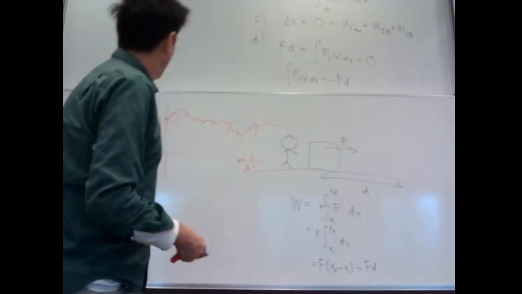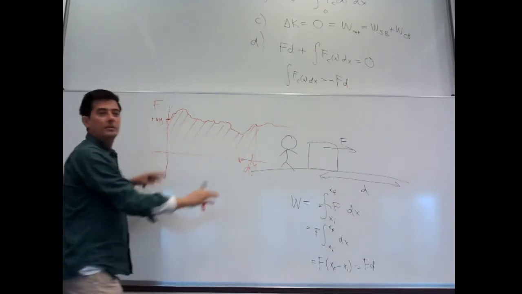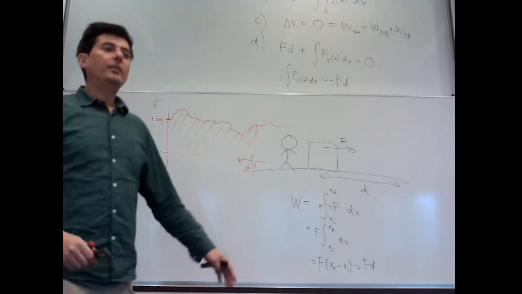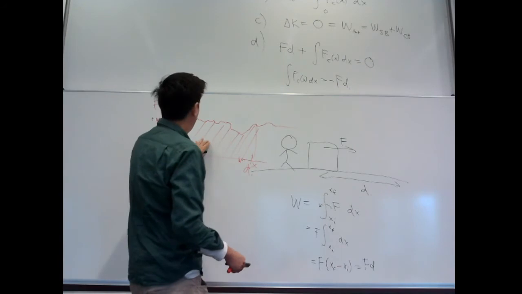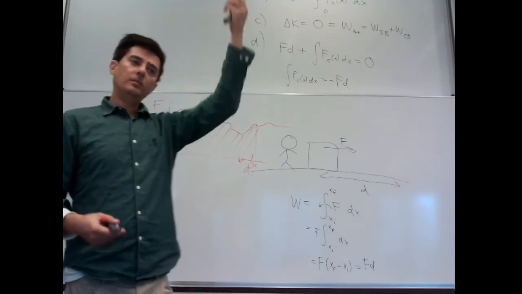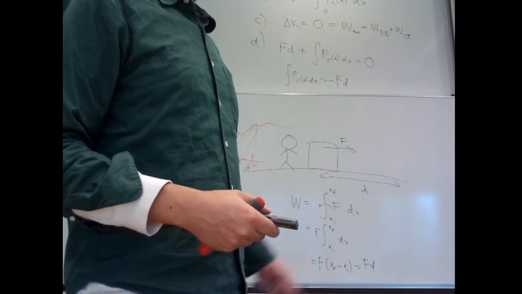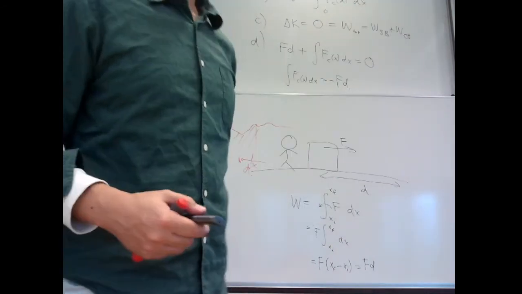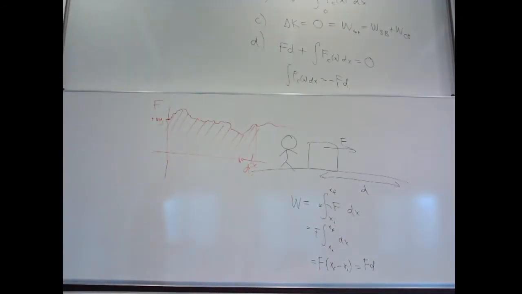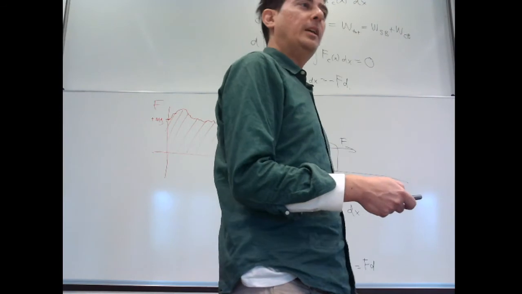So I don't have to calculate this nasty thing at all. I know that it's exactly the negative of force times distance raising it, so mg times d. Okay, makes sense?